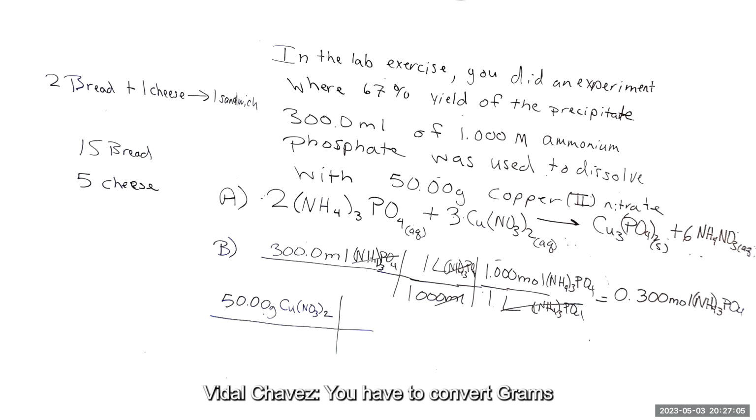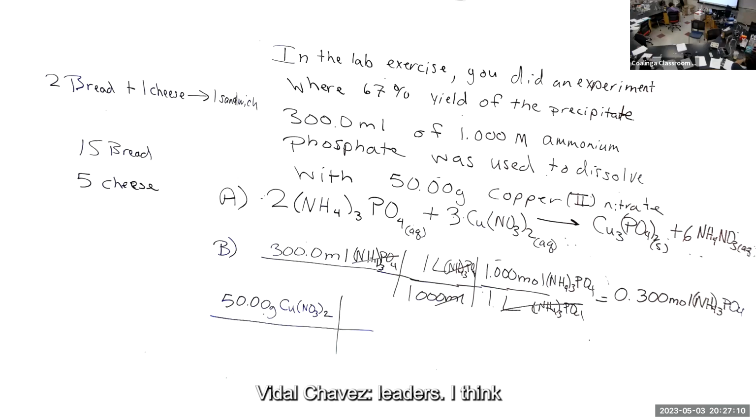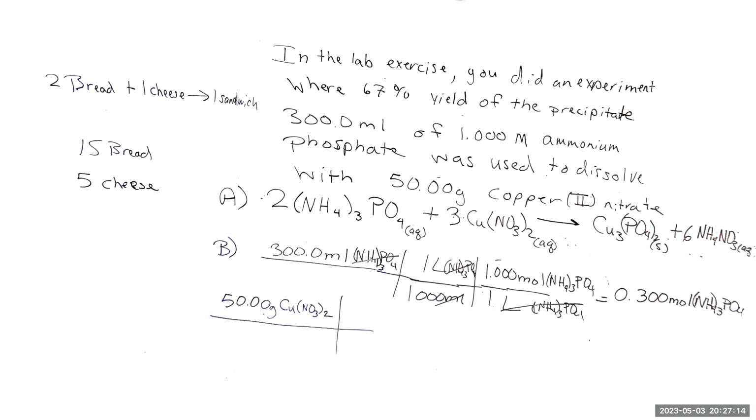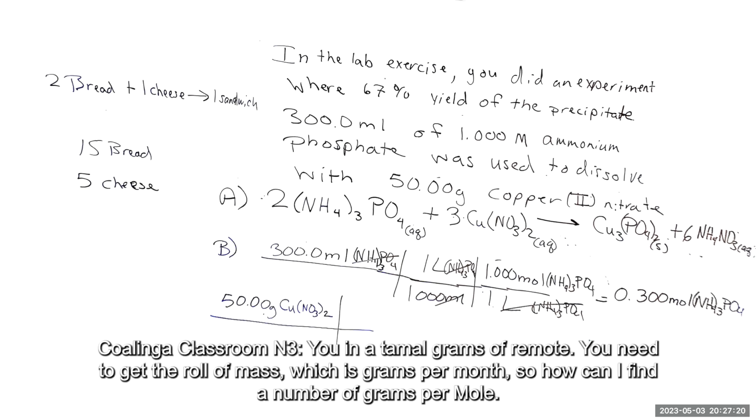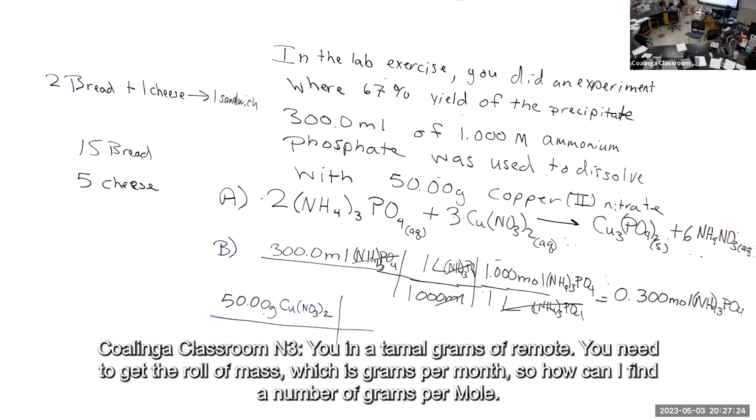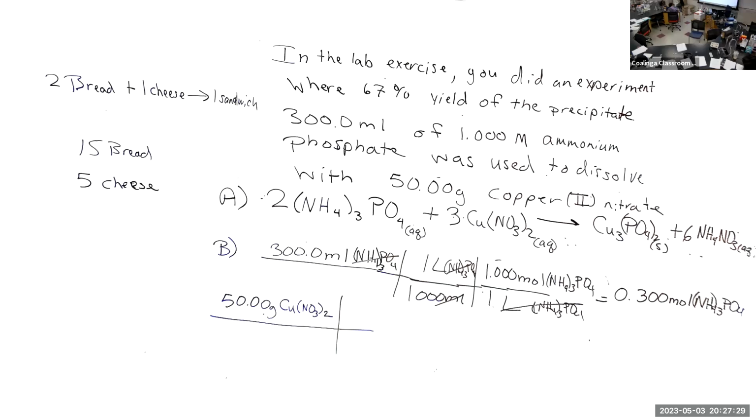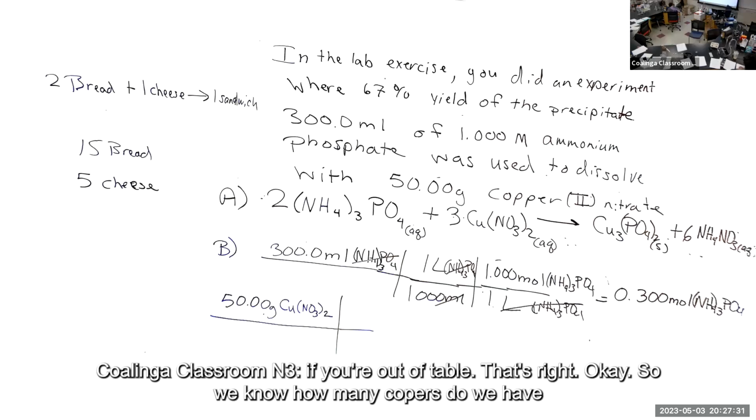You have to convert grams to moles, so grams over mole. Yes, we need the molar mass, which is grams per mole. How can I find the number of grams per mole? The periodic table, that's right.